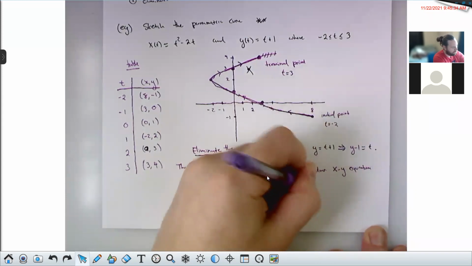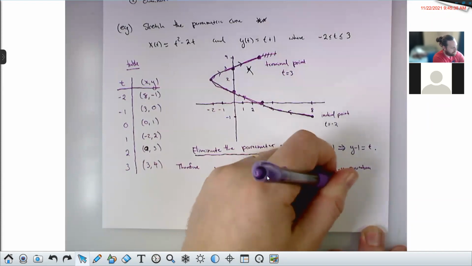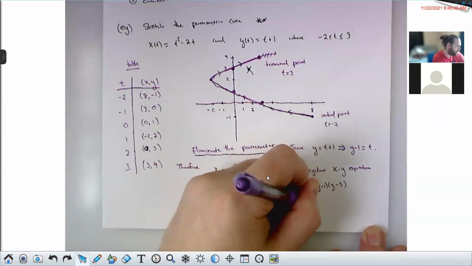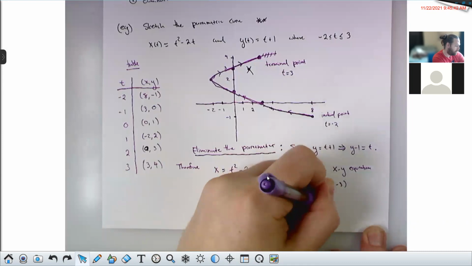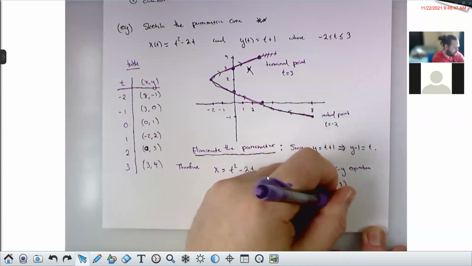You could say either x equals y minus 1 times y minus 3. Or you can FOIL that out. That's x equals y squared minus 4y plus 3.